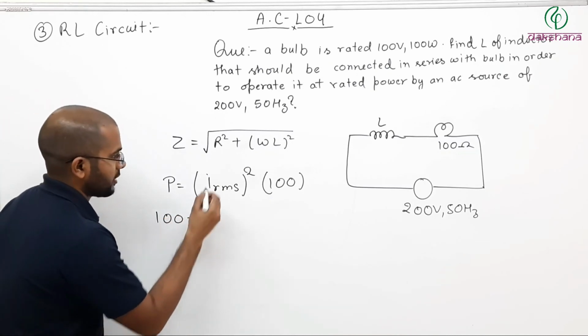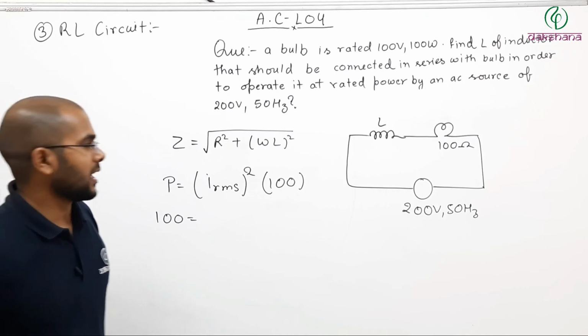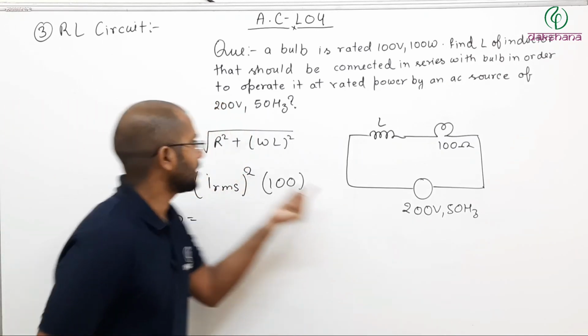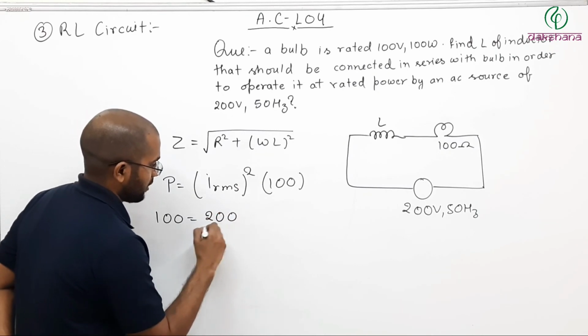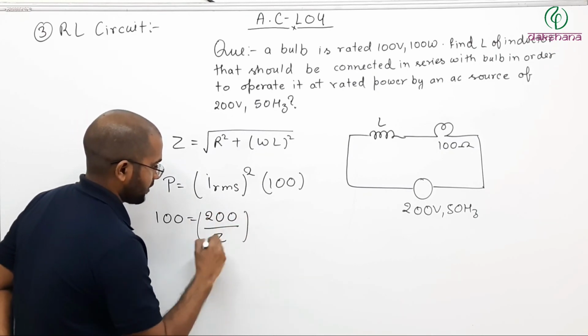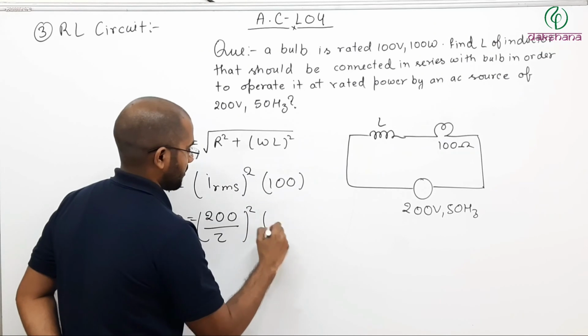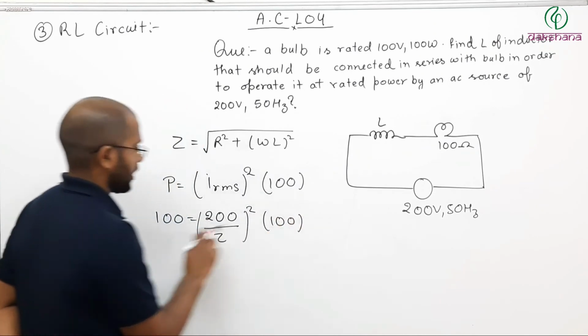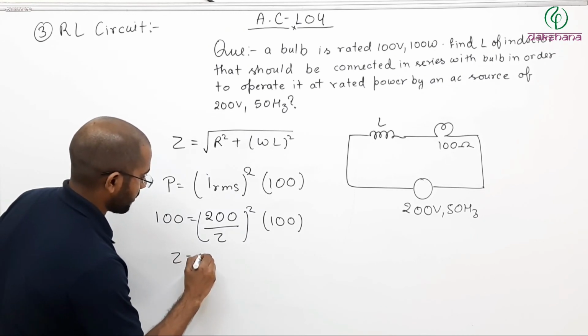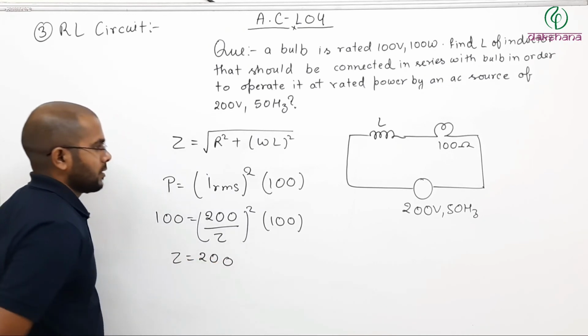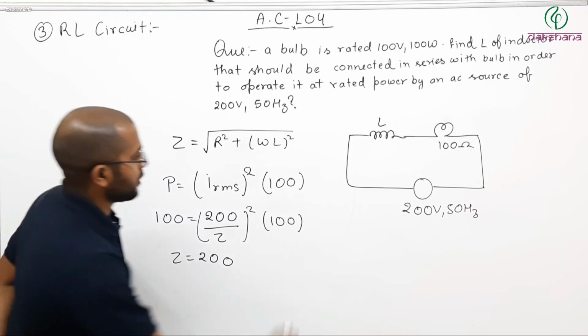So 100 equals, what is IRMS? IRMS is nothing but ERMS divided by Z. So ERMS is 200 divided by Z, whole square, times 100. So 100 cancels. You will get Z equals 200. So the impedance of the circuit is 200.